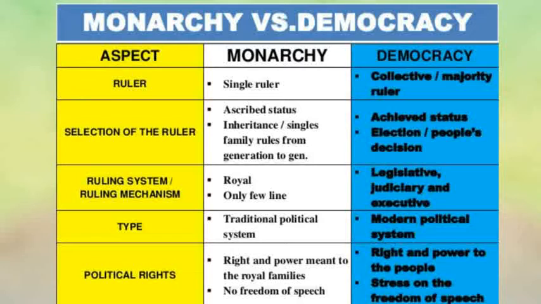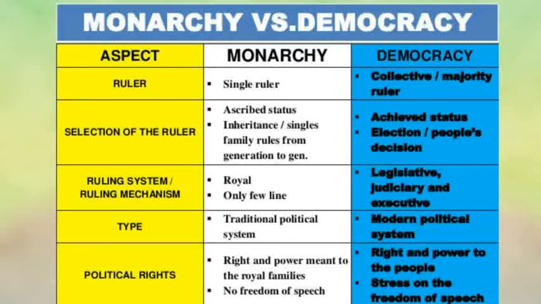In democracy, there is a collective or majority ruler. If we will talk about how we are selecting the ruler, in monarchy government there is inheritance, and in democracy by the election we are selecting the ruler.